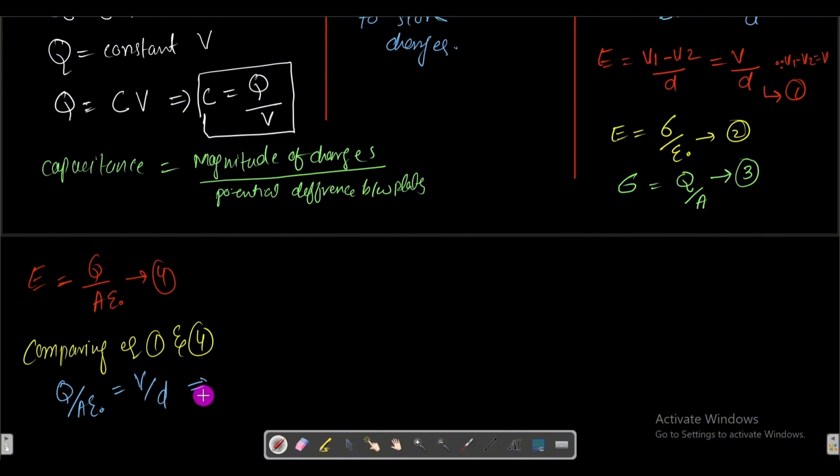So from here I can find Q is equal to A epsilon naught V divided by D. So this is equation 5.